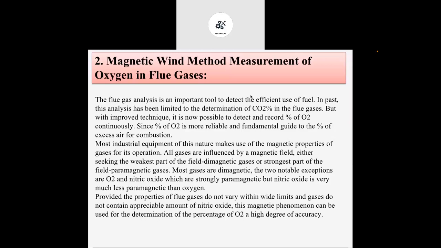analyzing the flue gases. Previously, we mostly measured the different pollutant gases like carbon dioxide, carbon monoxide, unburned carbon, nitrogen oxide, etc. By using the gas analyzer, whenever we go for any pollution control test, we mostly measure the content of CO2, then the content of carbon monoxide, and also the content of unburned hydrocarbons.